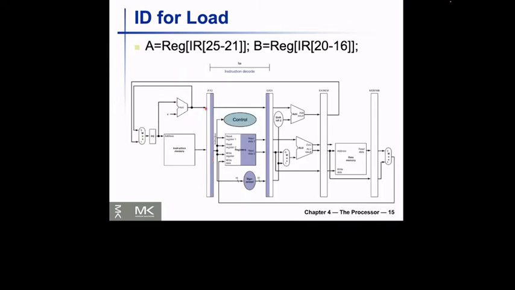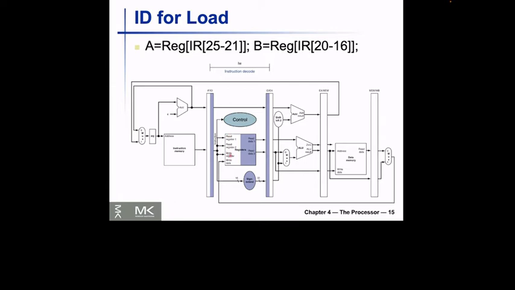So in the next stage, the instruction decode stage reads the 32 bits from the register. And then, because it's a load instruction, the control signal already knows what kind of instruction this is, so it can assign the proper control signals. So this read register will be RS.